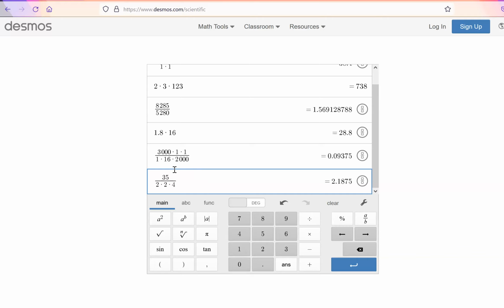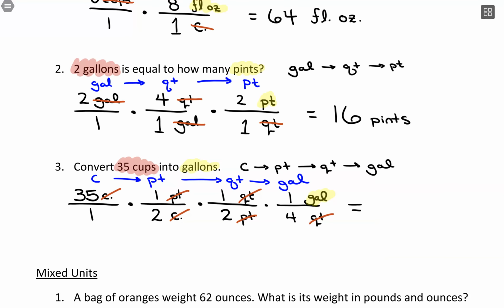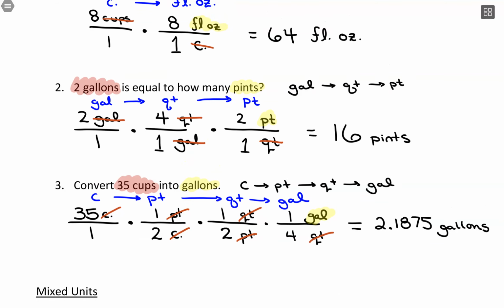Did I do that right? Yes. All right. I'm going to round to 2 decimal places there. Actually, that's not too bad. I'm going to write the whole thing: 2.1875 gallons. And that's it.